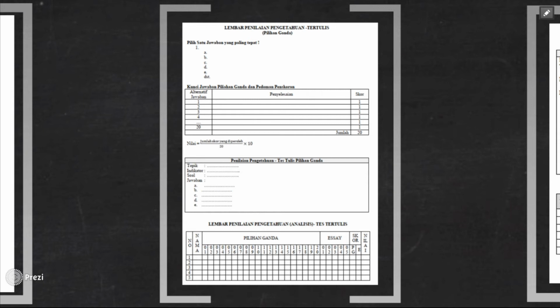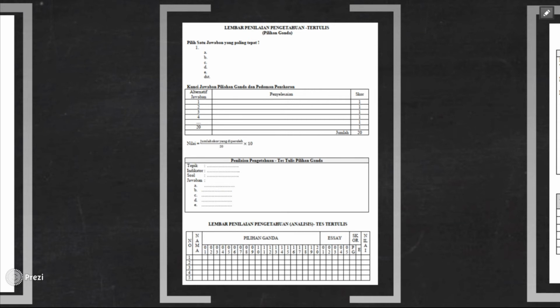It still informs us about the topic, and then the indicator, and then what the answer is, and how the student should answer the questions.